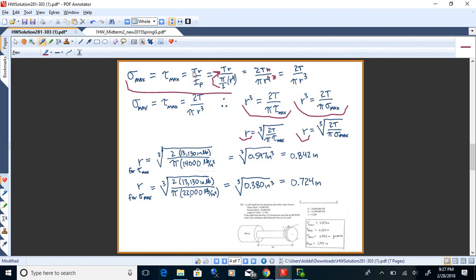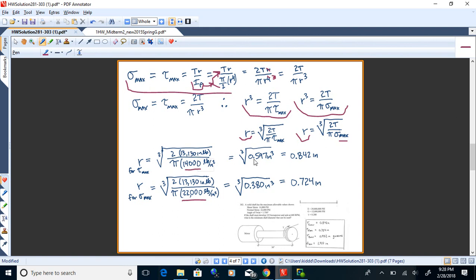Now I have to realize that the radius is part of the I equation, so I have to take I and turn it into pi over 2 r4. That way I can solve for the radius. So I just plug in everything. 2, T is 13,130, pi, and then tau max is 1,400, sigma max is 22,000. I just plug all that in and take a third root, which is the 1/3 power, whatever you have on your calculator.